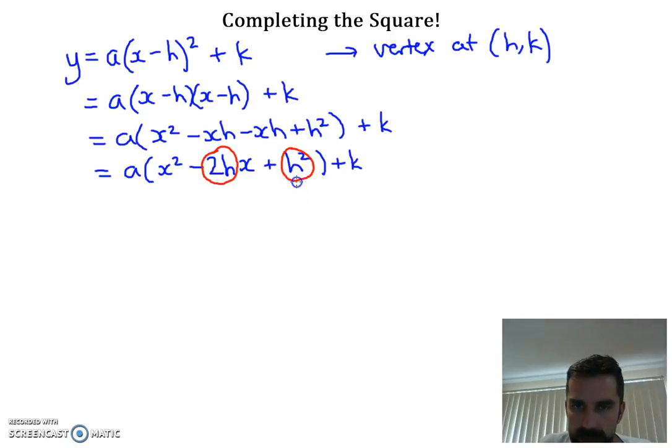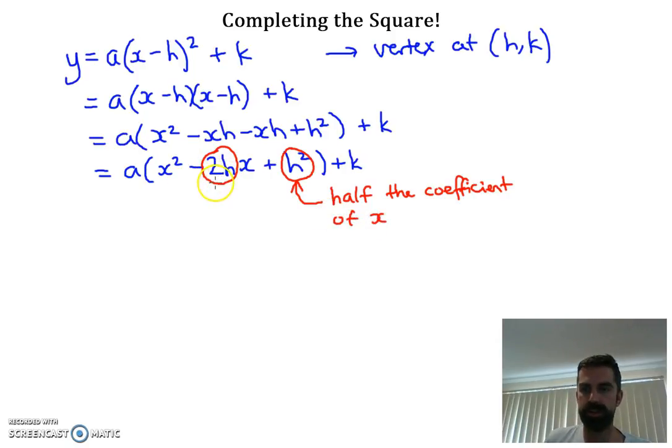So what we need to remember is that this number here, this h squared on the end, is half the coefficient of x, squared, because the coefficient of x is 2h. Actually, it's negative 2h.